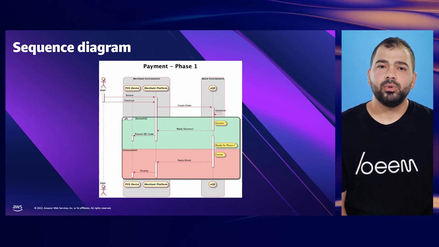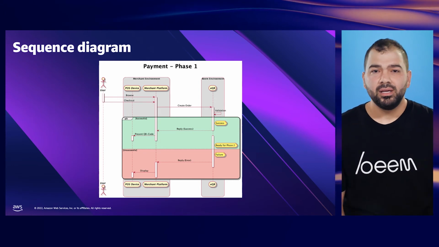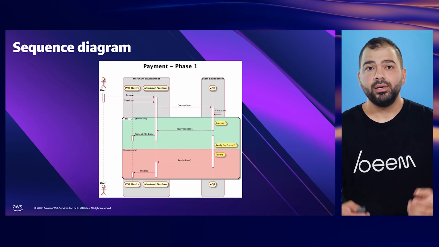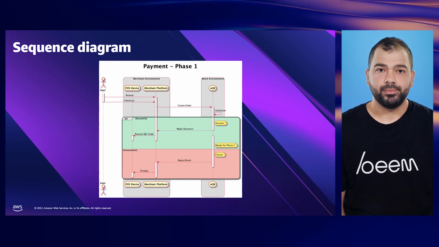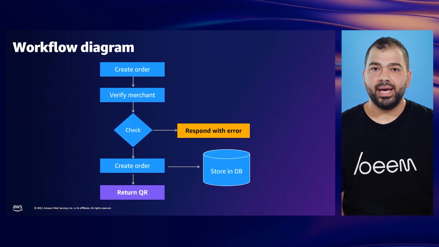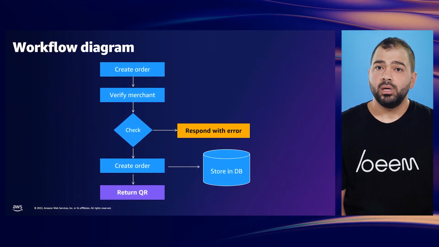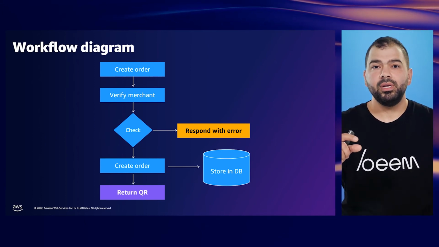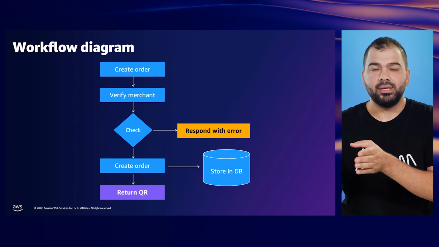After designing the sequence diagram, we came in and said, let's work out exactly how to implement that. So then we created the workflow diagram. In this slide, we illustrate the create order workflow. We start with the verify merchant step, which once completed successfully, will then flow to the next state.